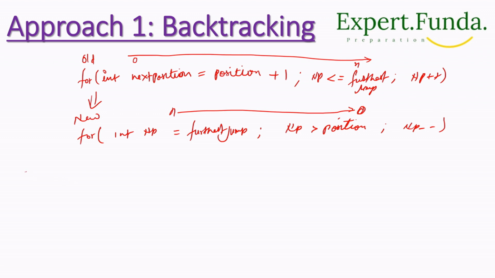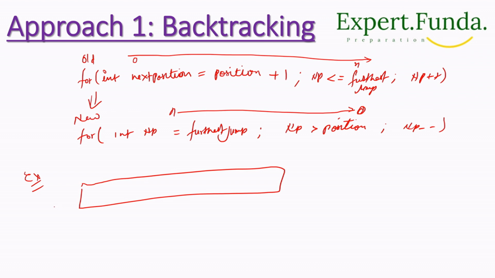Let's see an example. Suppose we have an array nums with values 1, 5, 2, 1, 0, 2, 0, and the indices are 0, 1, 2, 3, 4, 5, and 6.